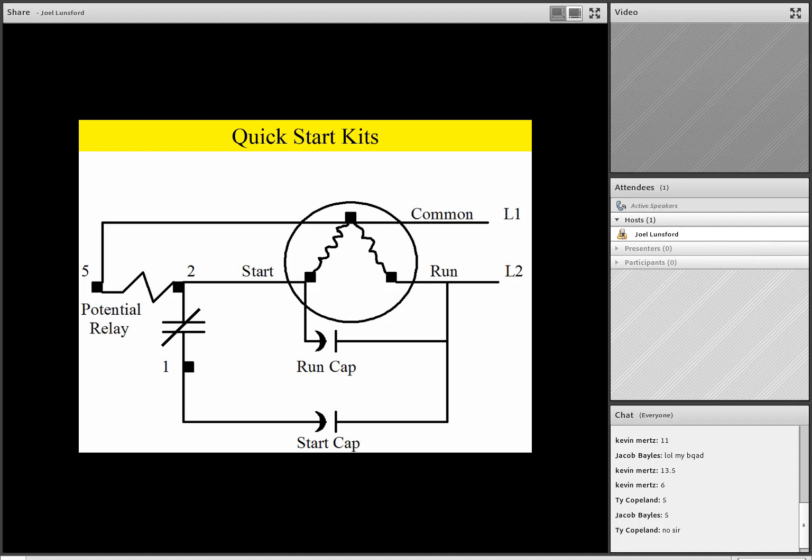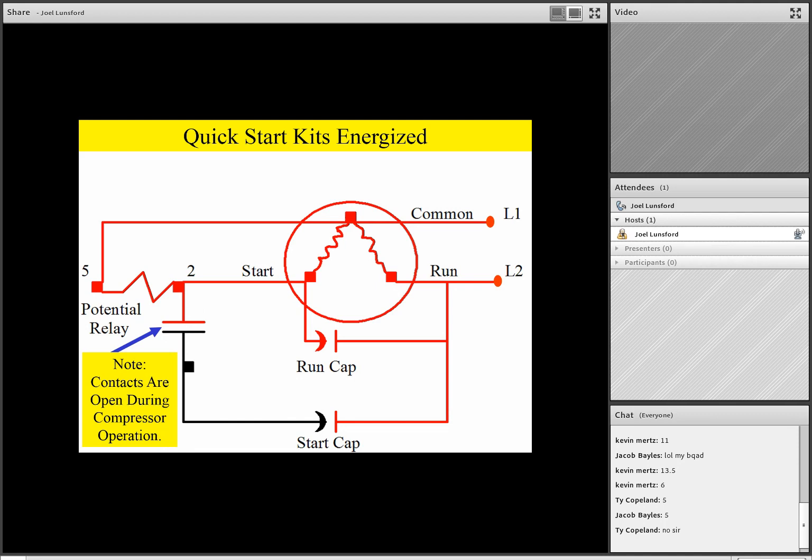You'll notice the start capacitor is wired in parallel with the run capacitor. One side of the start capacitor goes to the same side of the line that goes to the run terminal, but also the same side of the line that's feeding one side of the run capacitor. The other side of the start capacitor goes to terminal number 1 on the potential relay. Now, once we start the compressor and the motor starts to come up to speed, we'll actually generate what's called back EMF, or a voltage on the start winding.